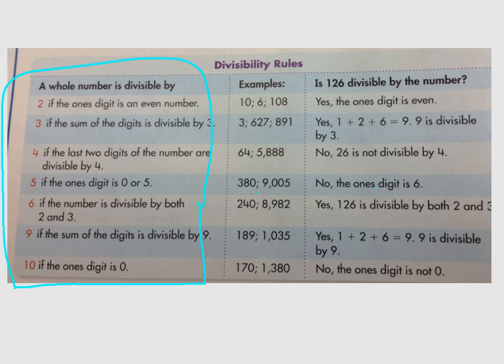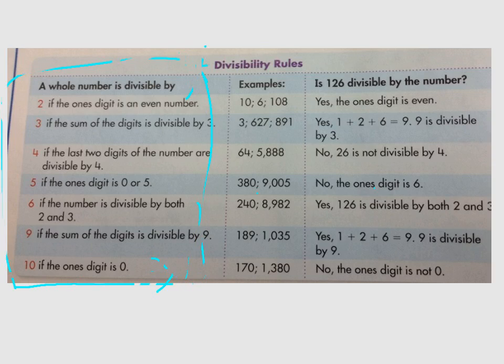These are examples, and is the example of 126 divisible by that? Make sure we copy down the entire chart, but that we are starting to remember this chart right here. Alright, I'll get rid of that for us real quick here.